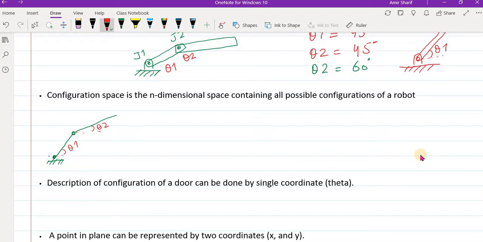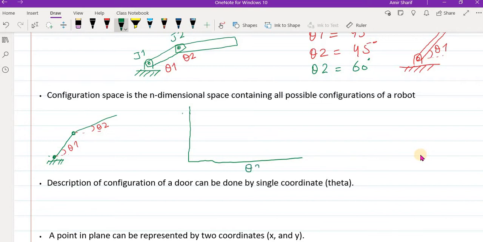Okay, so now we have to plot all possible configurations, so all possible combinations of configurations. So let's draw a space, a 2D space, because it's 2 joints, so it will be a 2D space.